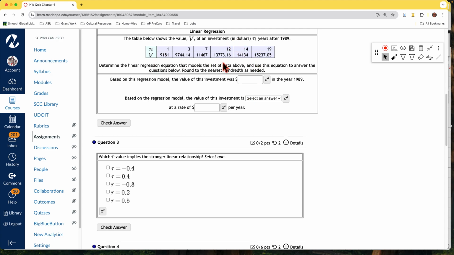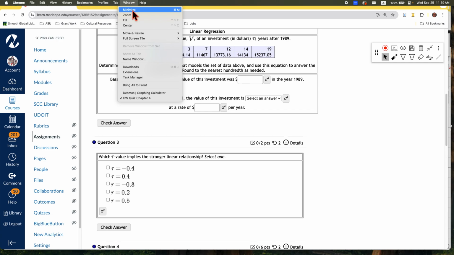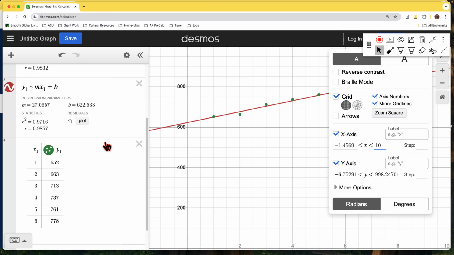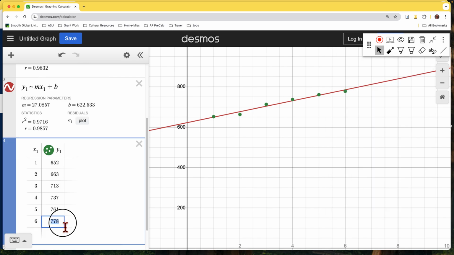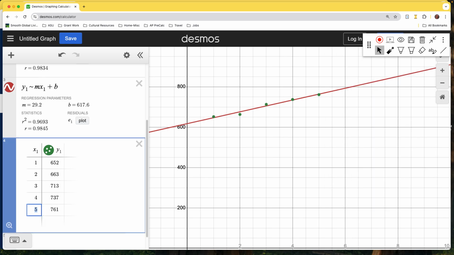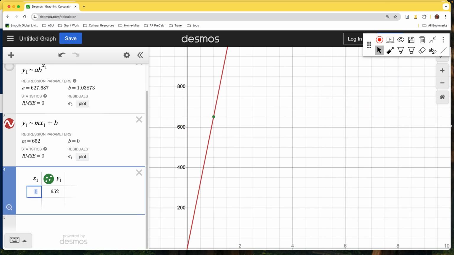So again, all we're going to do is go to Desmos. We're going to put this in. They're telling us it's linear regression. That's y equals mx plus b. So we just come to Desmos. We're going to leave the linear turned on. I'm going to come and delete this data. Because if you don't, you could put in a new table, but then your new table is going to be x2, y2, and you'd have to redo your equations.